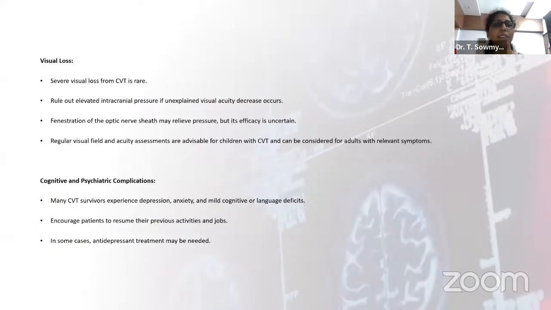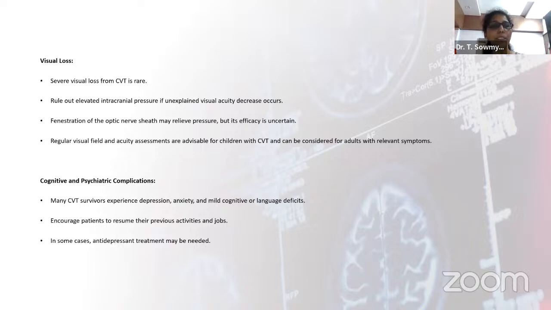And if the patient is having any visual loss from cortical vein thrombosis, we need to rule out elevated intracranial pressure. If there is raised intracranial pressure, instead of going for shunting, they go for fenestration of the optic nerve sheath, which will release the pressure and prevent the worsening of the eyesight.